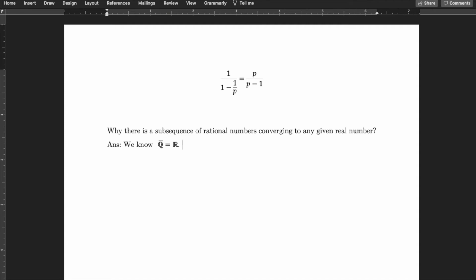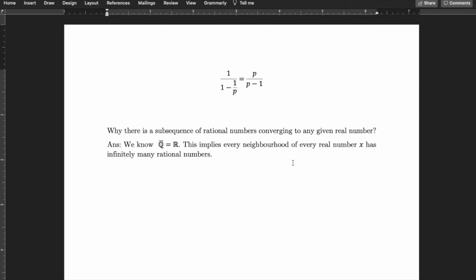So that implies every neighborhood of every real number has infinitely many rational numbers.